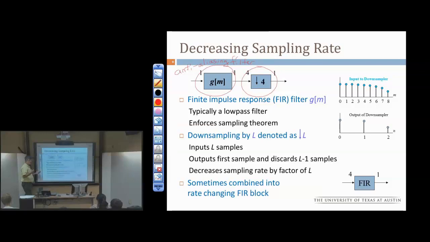So it's the same cutoff. It's an anti-aliasing filter, and the cutoff frequency is pi/4. This is on the receiver side if it's a communication system, that's right.